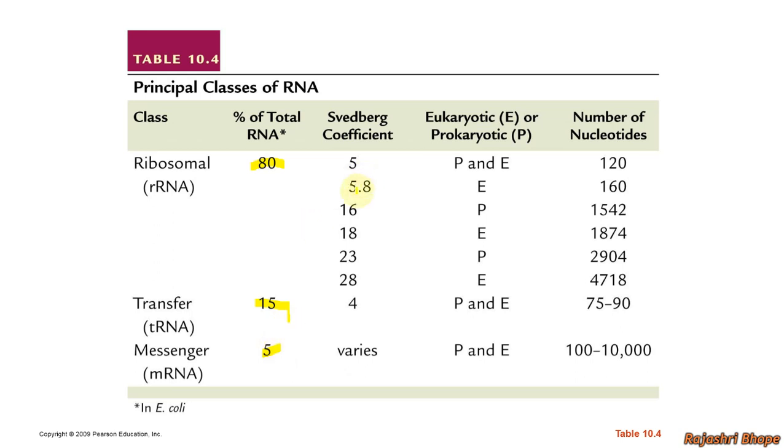These are their sedimentation coefficient, Svedberg units, and these are sizes. rRNA size varies in pro and eukaryotes. tRNA size is almost the same, 75 to 90 nucleotides, and mRNA is 100 to 10,000 nucleotides long.